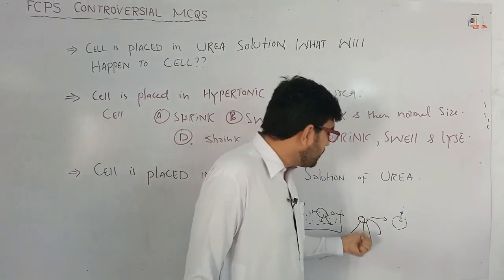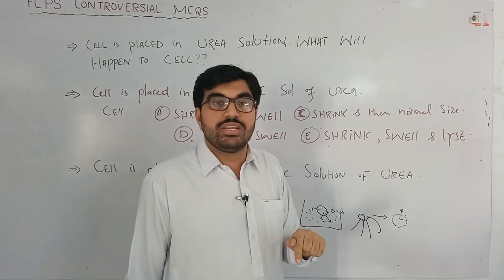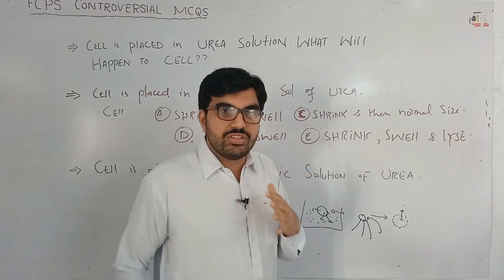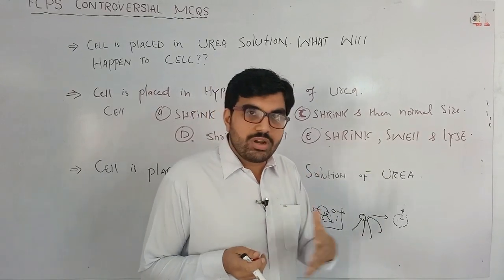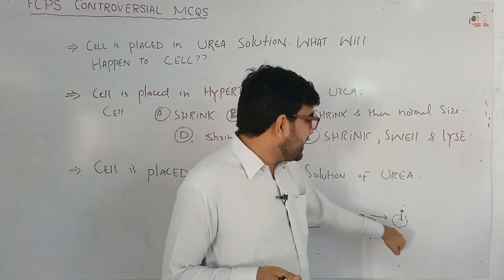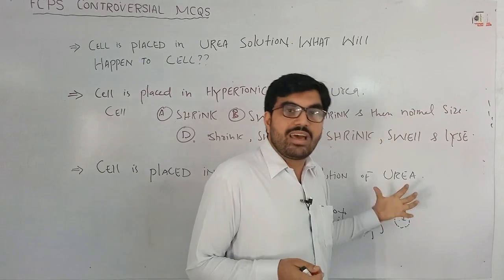Then when urea diffused into the cell, the tonicity outside decreased. When the tonicity outside is decreased, water goes inside, and the cell will regain its shape. So the cell shrinks and it normalizes in size.